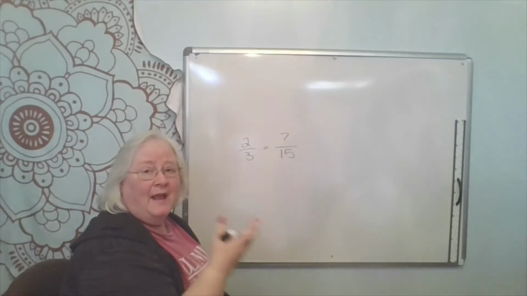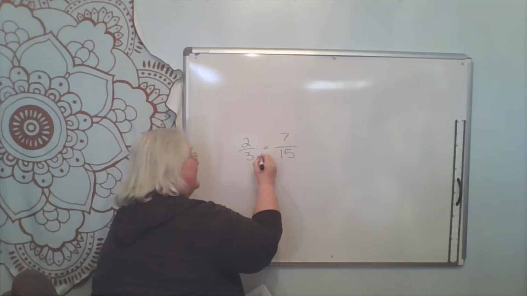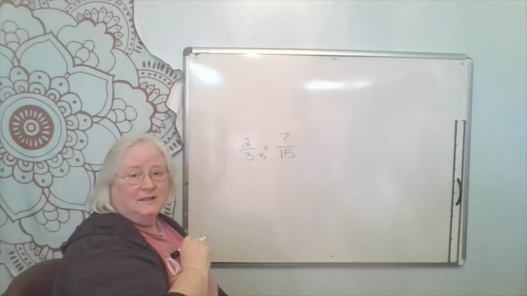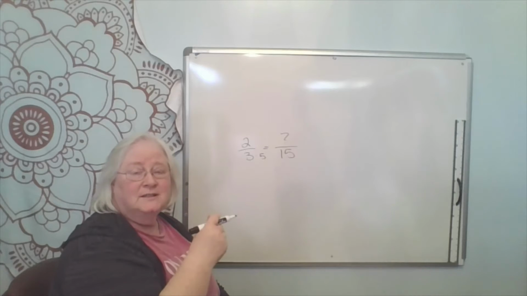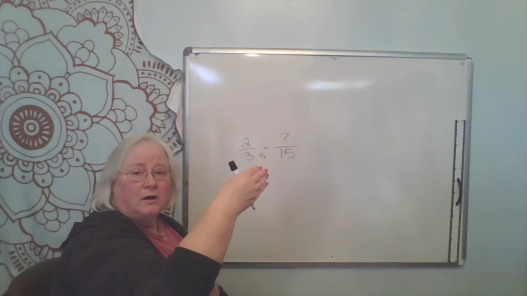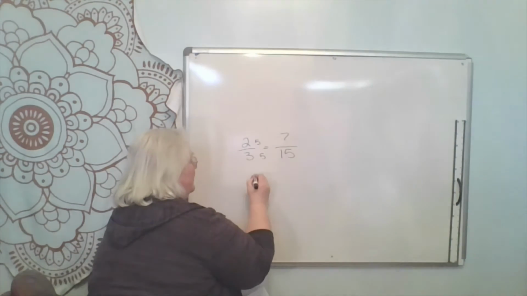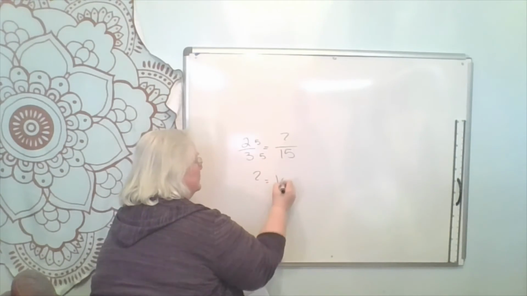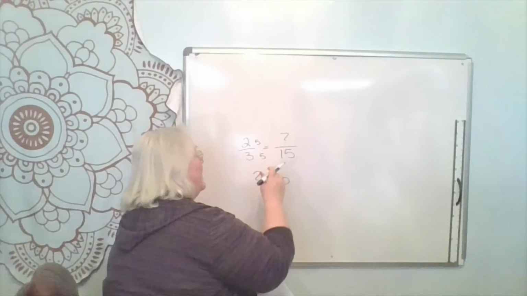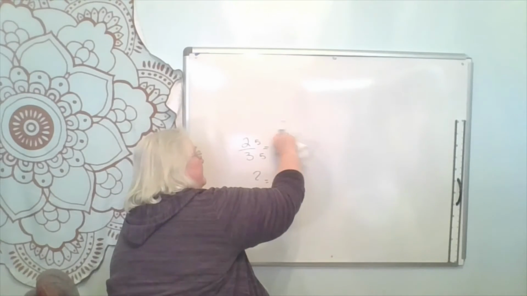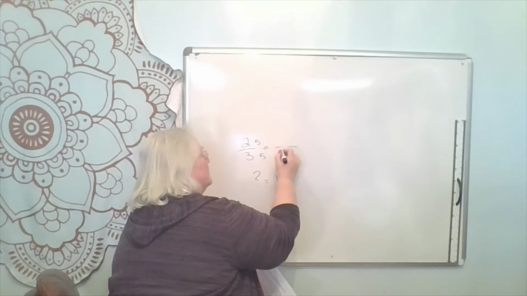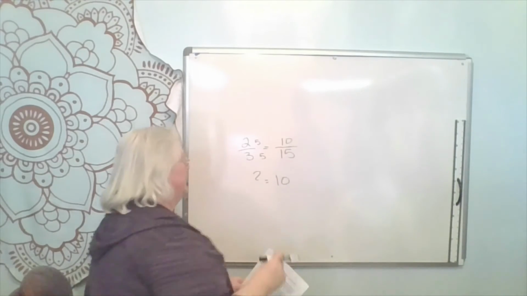And we know that 3 times 5 gives us 15. So that means we're going to also multiply the top number by 5. And so our question mark is equal to 10. And so our equivalent fraction is going to be 10/15.